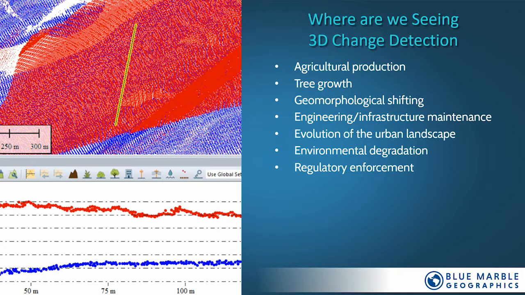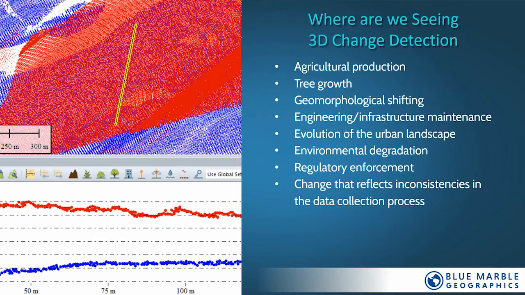Being able to analyze point cloud data overflown in an urban environment will give you a clear picture of where changes occurred, either buildings or even vegetation. Where have trees been removed that we weren't aware of? And we'll, again, take a look at that example in a minute. Going back one bullet, environmental degradation, obviously in the natural world as well. Some of the changes that we were able to detect may be a reflection of the health of the natural world.